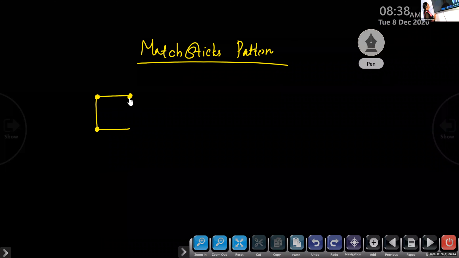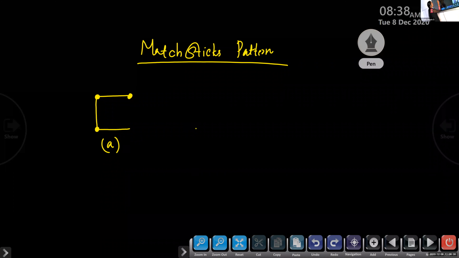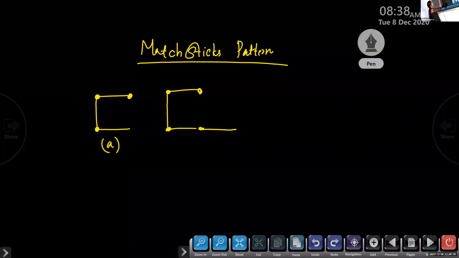Okay, this is figure A and figure B. I will connect it together.